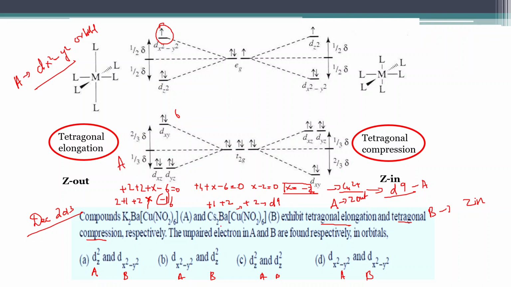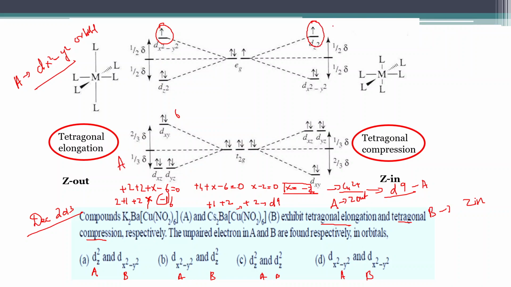in the complex A, the unpaired electron is in the dx square minus y square orbital, and in complex B, if we arrange dxy, dxz, dyz, dx square minus y square, and dz square, because it is an example of tetragonal compressed complex, it shows that distortion.